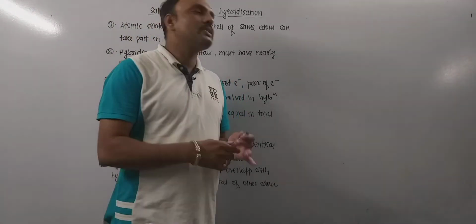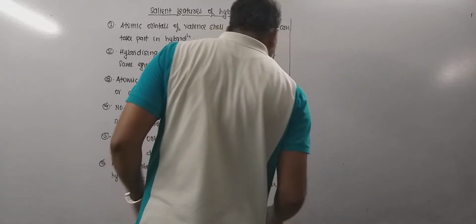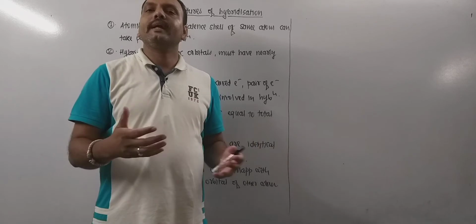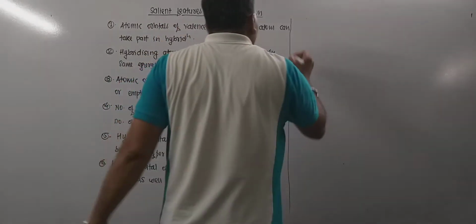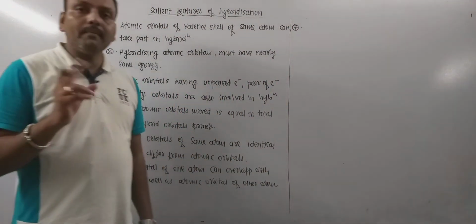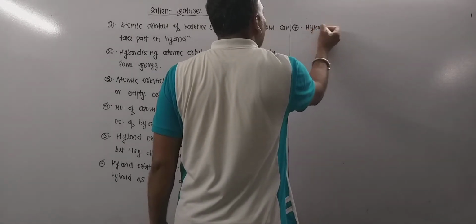Now hybrid orbitals have extra directional character. I mean, electrons in a hybrid orbital are concentrated more in one direction, and hence they overlap to a greater extent, producing stronger bonds. I mean, hybrid orbitals only form sigma bonds, they never form pi bonds, remember. So this is a very important thing.